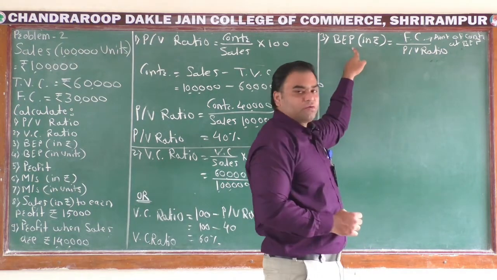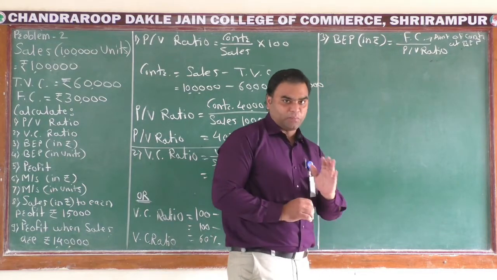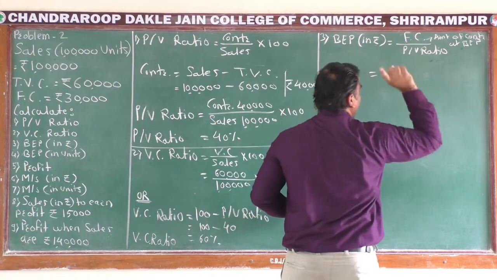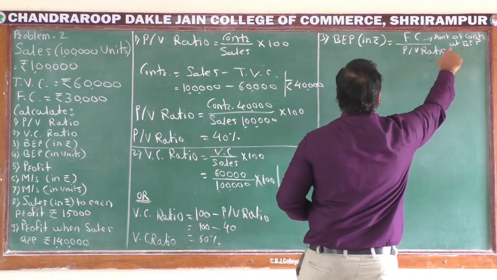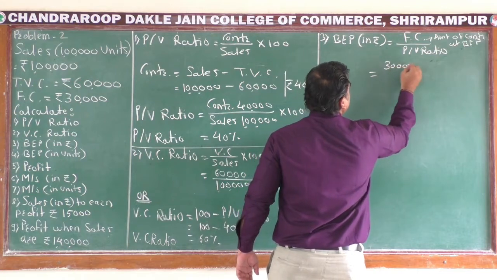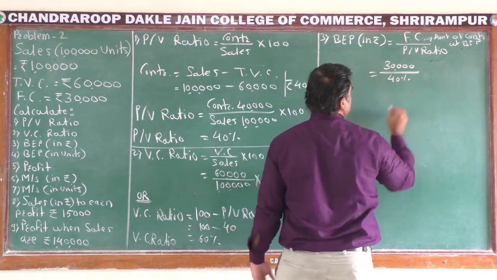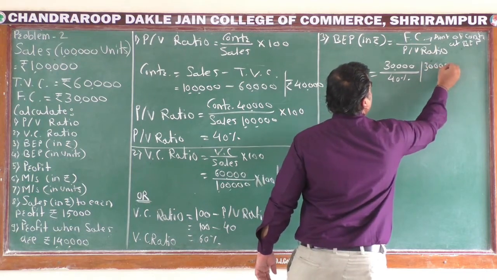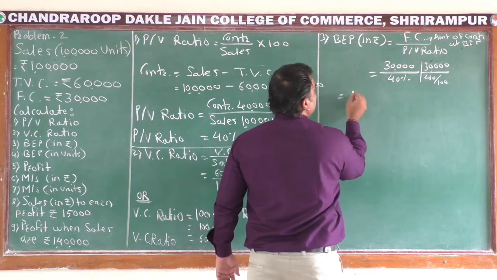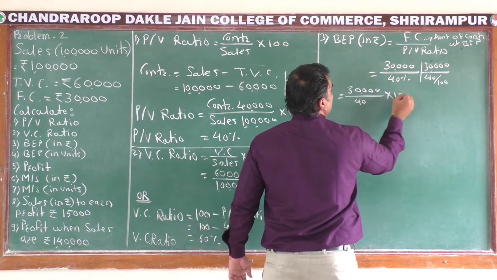That is the same thing we want to calculate. In that way we can calculate the amount of BEP rupees. Here the fixed cost amount is 30,000. So 30,000 divided by PV ratio, which is 40%, so 30,000 divided by 40 by 100, is equal to 30,000 divided by 40 into 100.